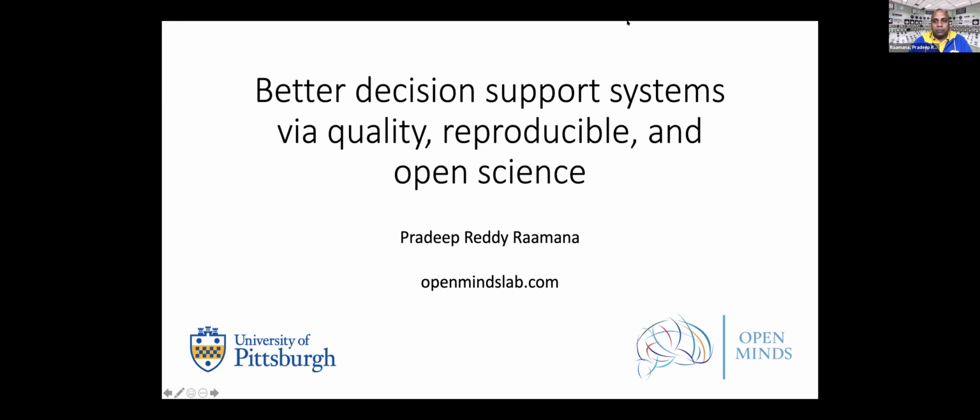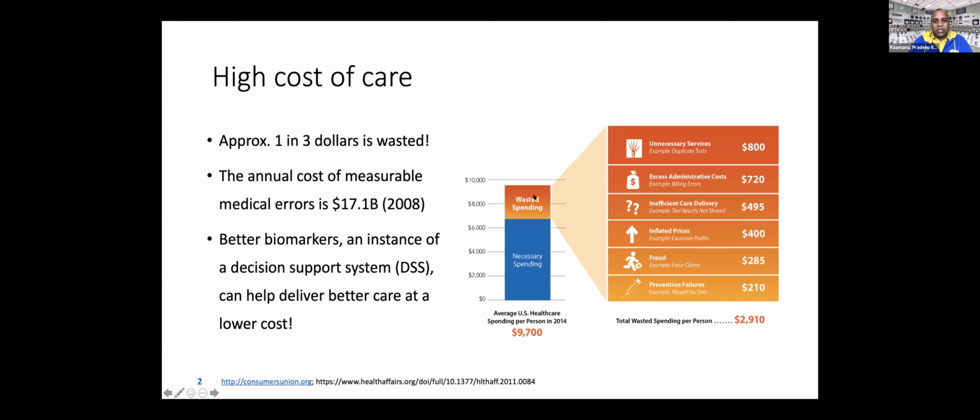The biggest North Star for me is to develop better decision support systems, a more general form of biomarkers, based on quality, reproducible, and open science. By that, I mean that most of our work is actually geared at offering better care at lower cost.